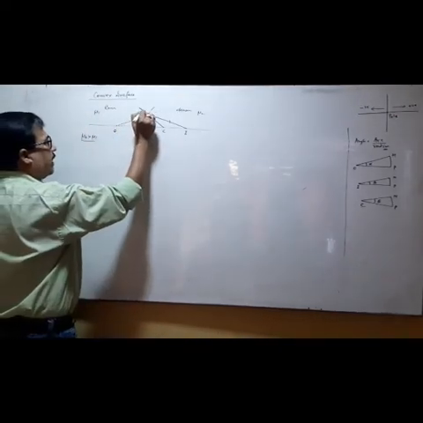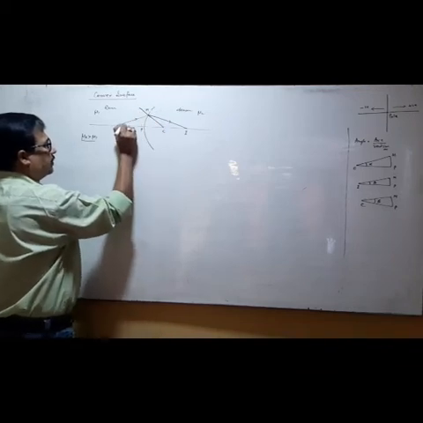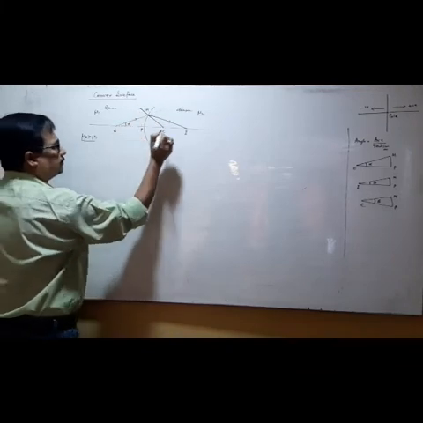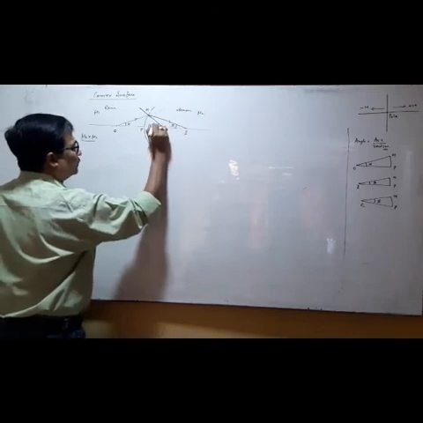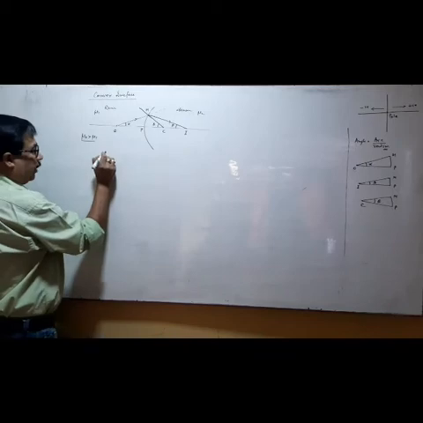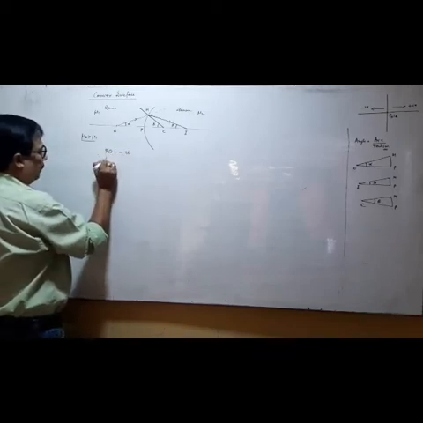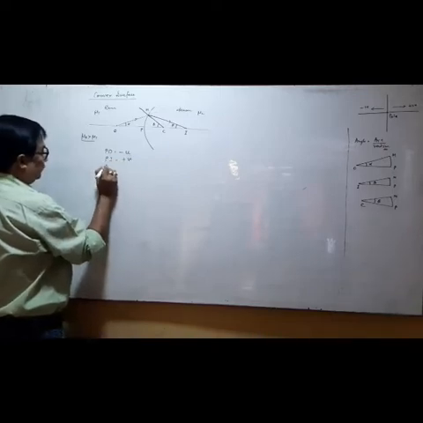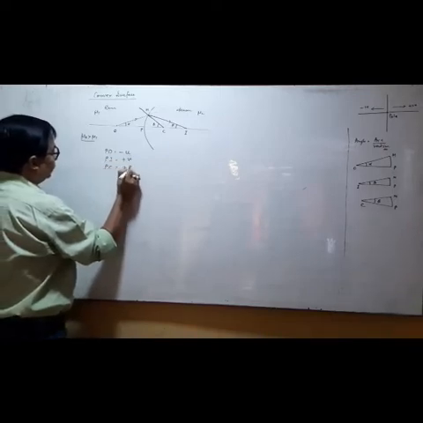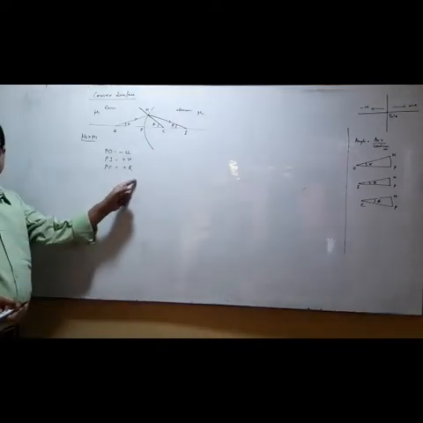Again, in the same manner, this is your M, P, this angle is alpha, this angle is beta, this angle is theta, and PO is minus U, PI is plus V, and PC is plus R. Why are V and R positive?